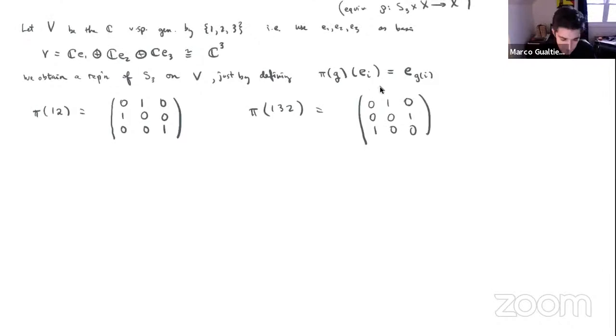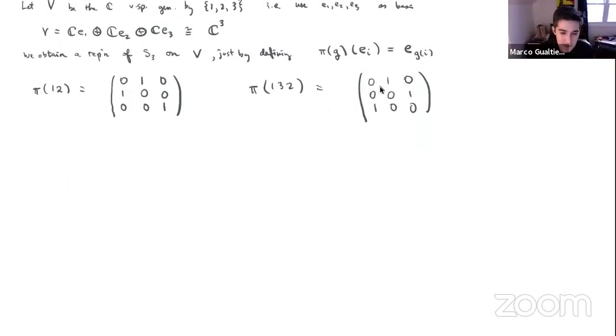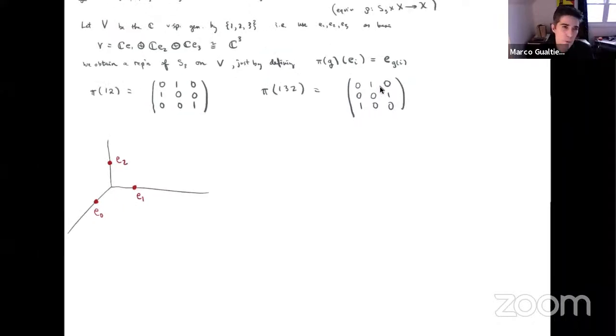So notice the following. Let me just draw a picture of this. We've got a 3-dimensional space. Never mind that it's complex, and we've got our 3 basis elements, which are special elements, which you could think of as being an embedding of the finite set into this vector space.